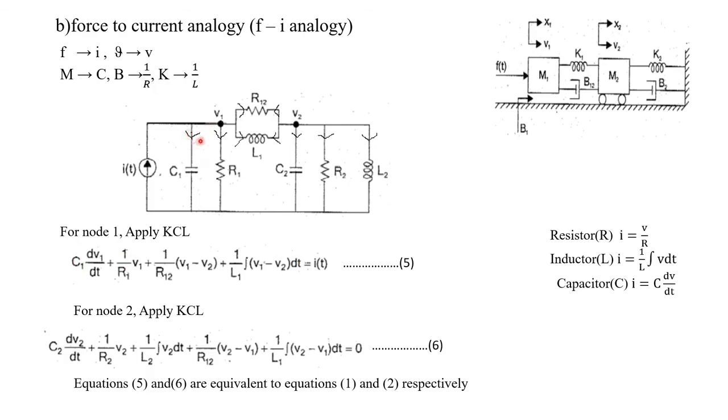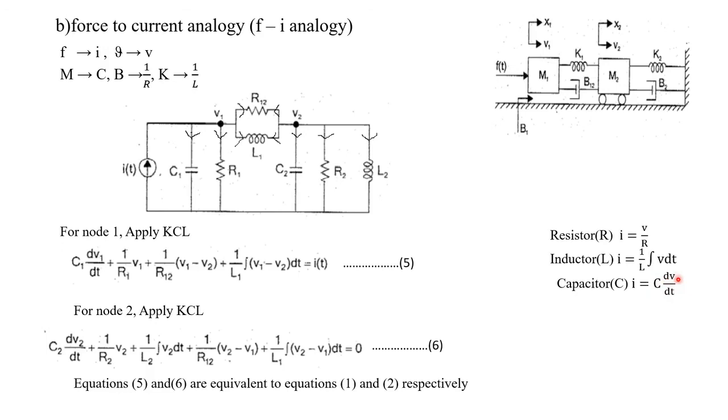First, we can write the current flowing through the capacitor C1. Here I have given the formula for the current flowing through the capacitor: I is equal to C into dV by dt. This is the actual formula for the current flowing through the capacitor. What is this V?